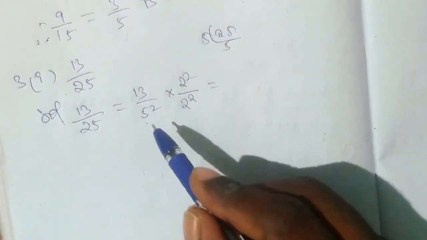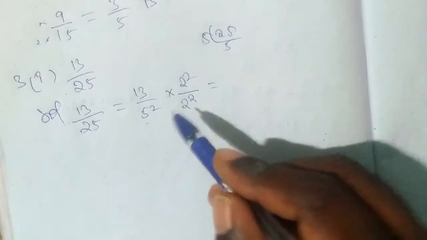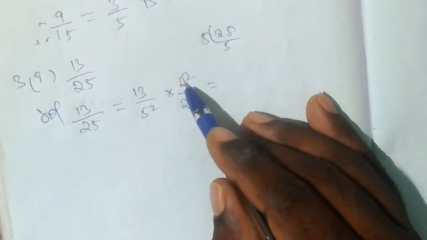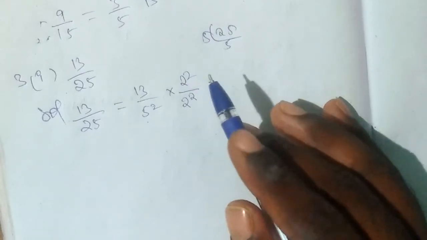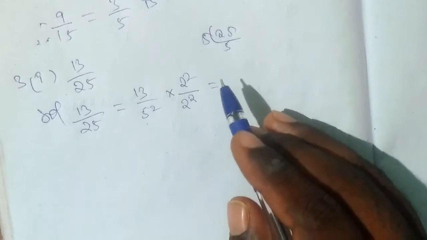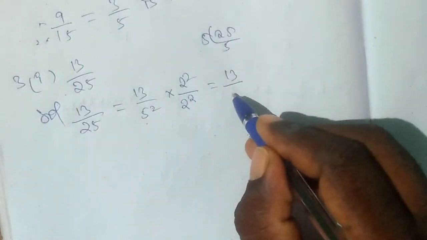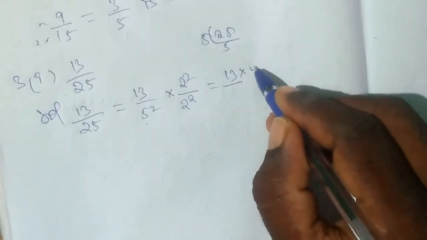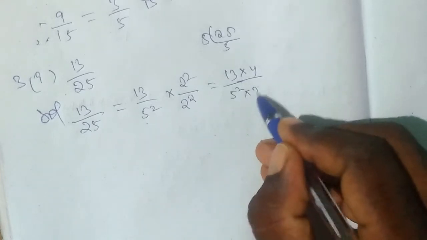If you have 5 cube, you have to multiply numerator and denominator with 2 cube. 5 to the power of 4 means you have to multiply with 2 to the power of 4. So here 13 into 4 by 5 square into 2 square.